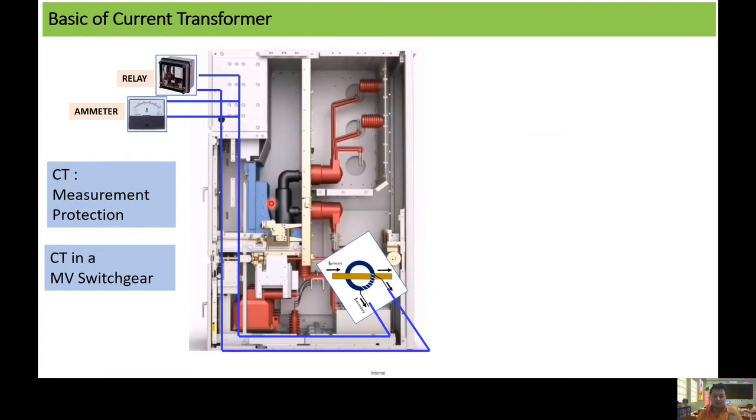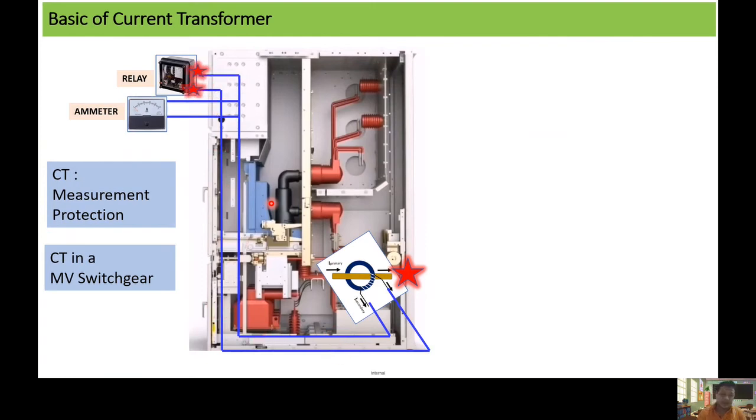Once there is a short circuit, the current will increase in the circuit, and therefore an increased current will be experienced by the primary conductor of the CT, which will give an indication that the secondary side current has also increased.